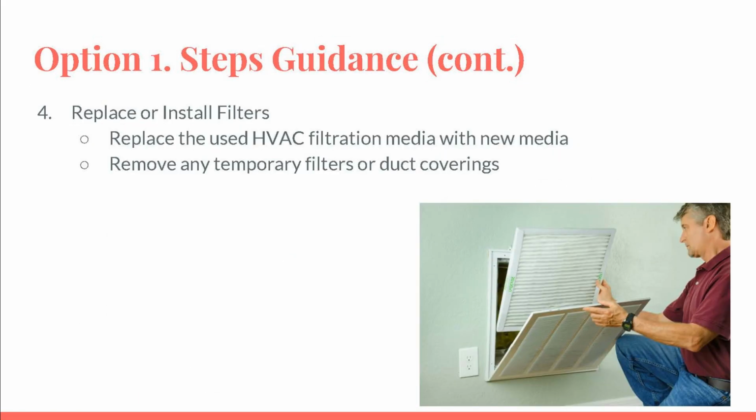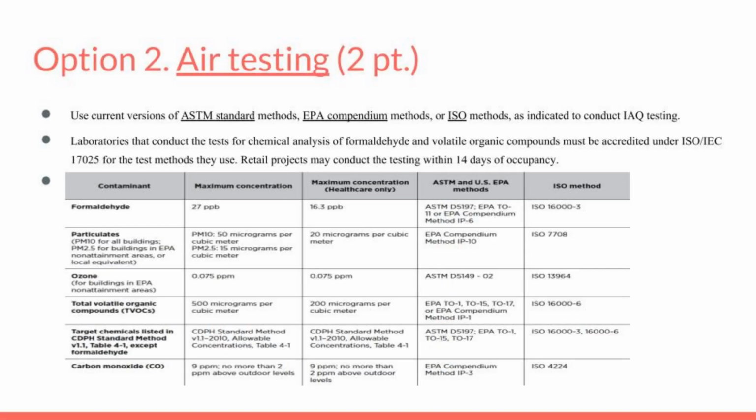At the end, replace all installed filters. Replace the used HVAC filtration media with new media. Remove any temporary filters or duct coverings. The option 2 is air testing, which uses current versions of SDM standard methods, EPA compendium methods, or ISO methods to conduct baseline IEQ testing as listed in Table 1 for all occupied spaces.